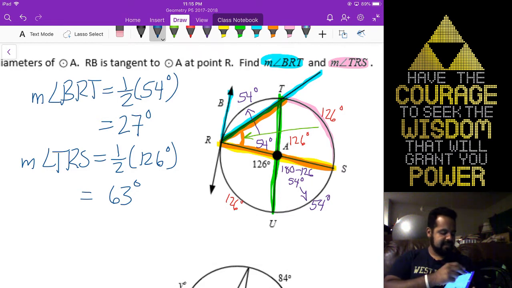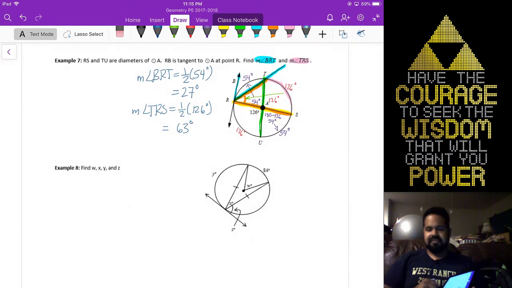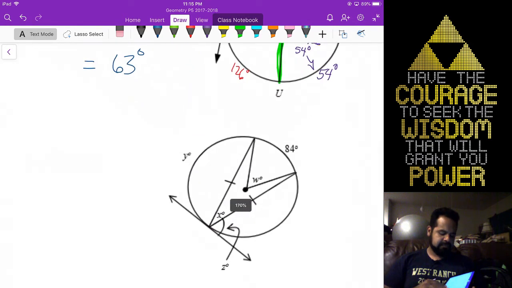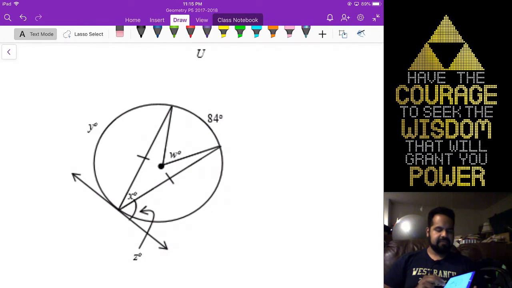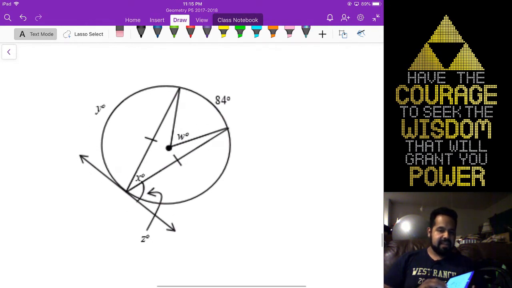All right, got one more. Let's go ahead and finish strong. Now, I don't give you any other information here besides find the angles. So one thing we can assume for sure is that we do have this tangent line here. The only other thing we have is that 84 degrees.